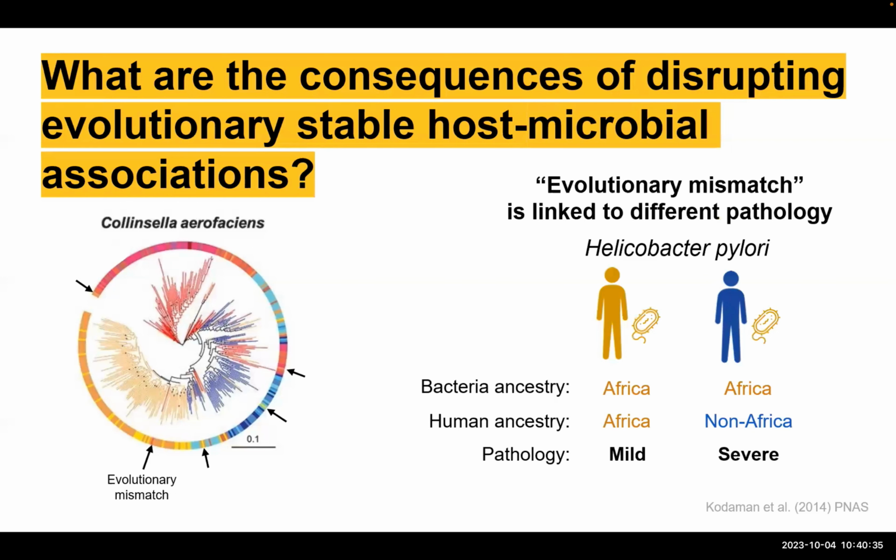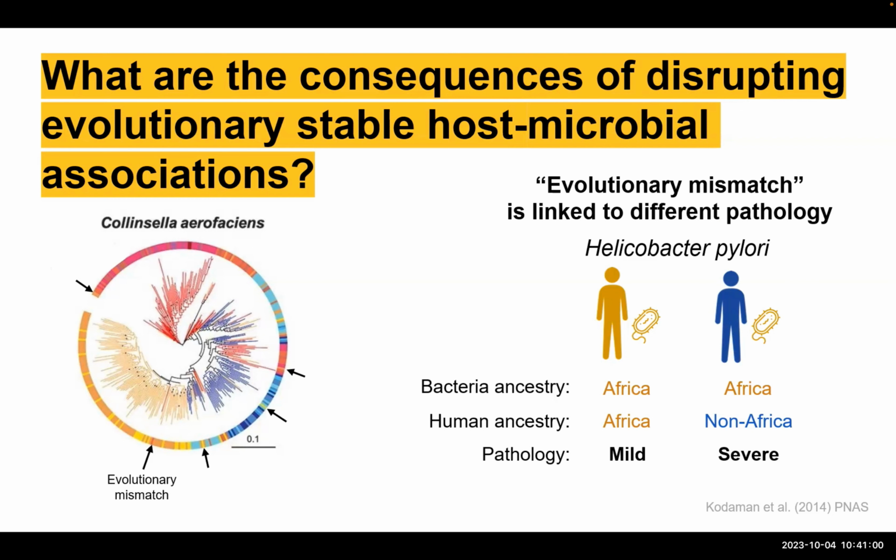At least in pathogens, it's been reported this evolutionary mismatch is linked to different pathology. Helicobacter pylori is a famous example of following our migration history, and it's also a causative agent of gastric cancer. In this case, if you're an African individual having an African strain, pathology is mild. If you're non-African, with the exact same African strain, your pathology can be severe.